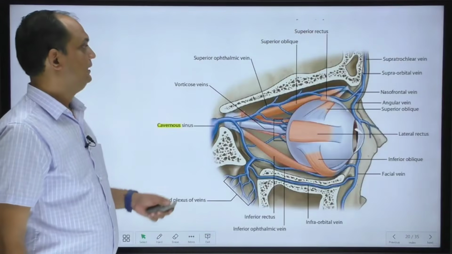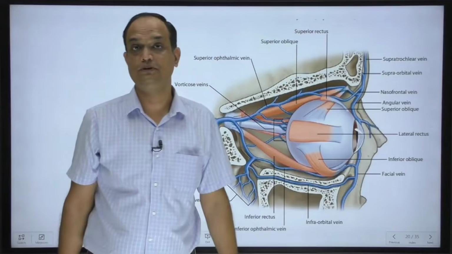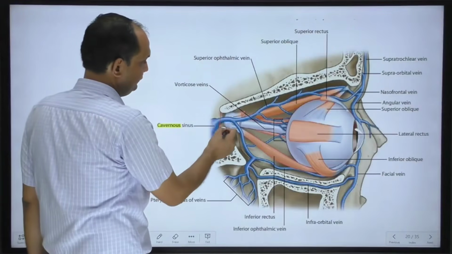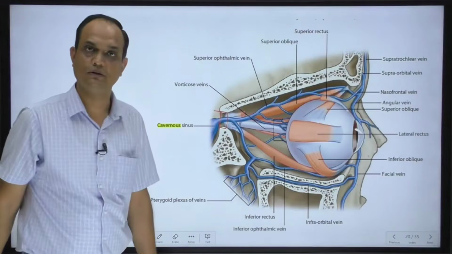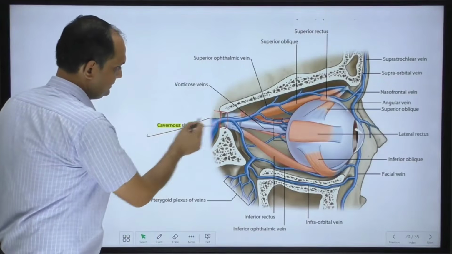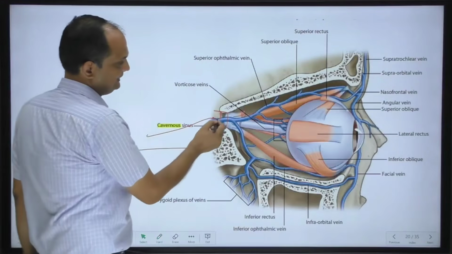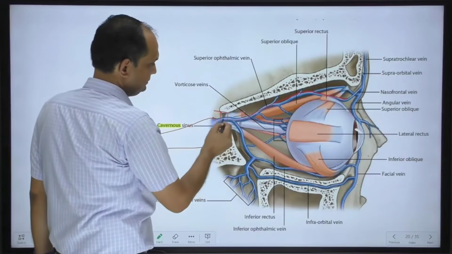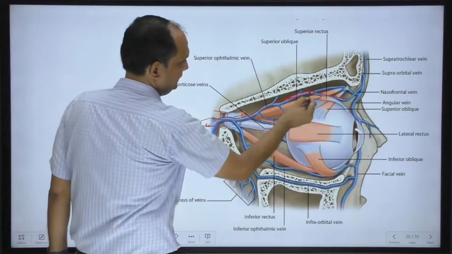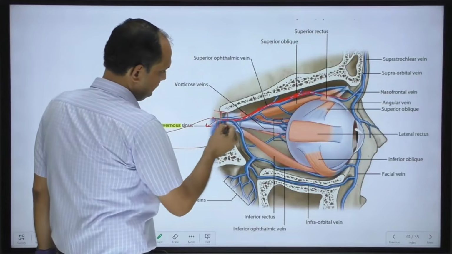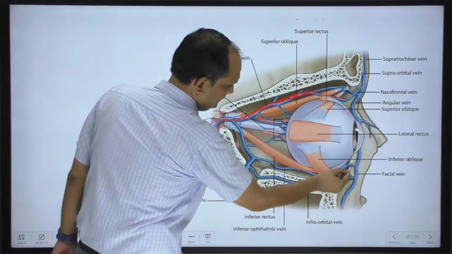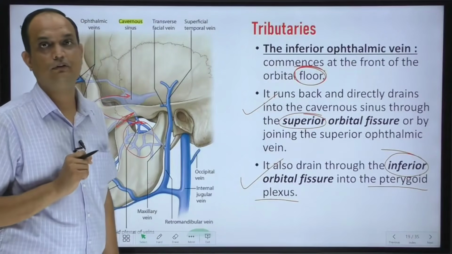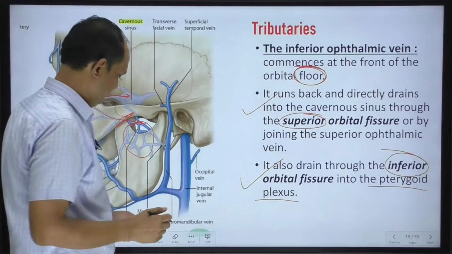Clear? Now in this diagram you can appreciate again both things which I am saying. This is your area of superior orbital fissure. Here you have the cavernous sinus. In this cavernous sinus, this is the superior ophthalmic vein which is draining here. Now this is the inferior ophthalmic vein. This inferior ophthalmic vein has two ways of drainage.